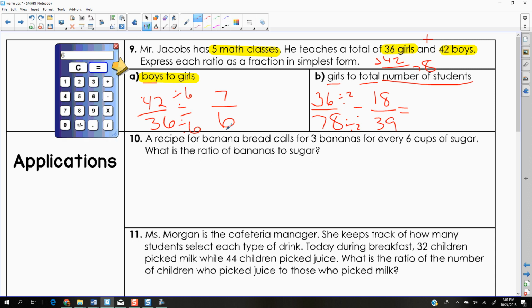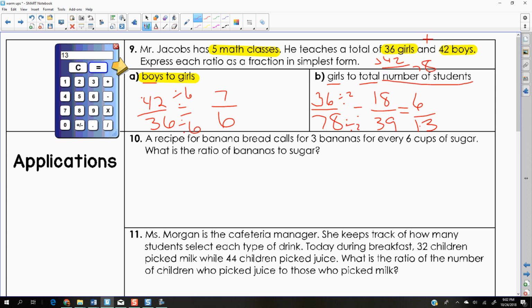Let me go ahead and write that. And 39 divided by 3 is 13. And I know that's as far as we can go because 13 is a prime number.